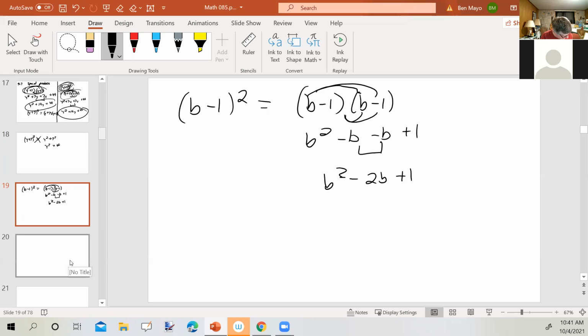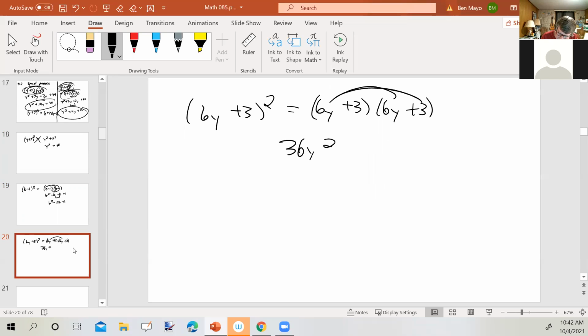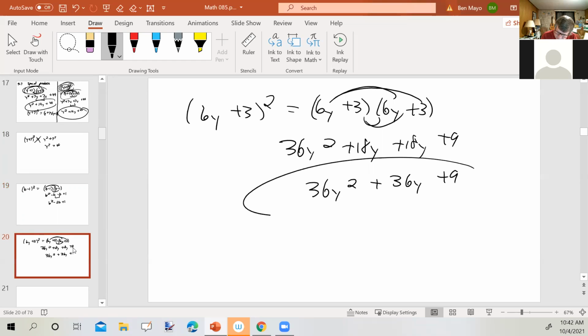If we have 6y plus 3, the quantity squared, that's 6y plus 3 times 6y plus 3, which is 36y squared plus 18y plus 18y plus 9, which is 36y squared plus 36y plus 9.